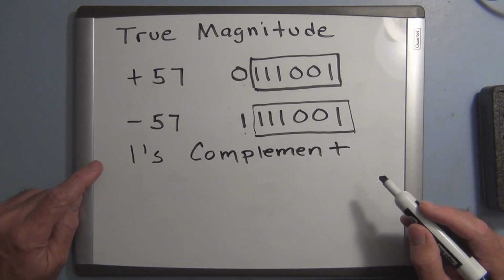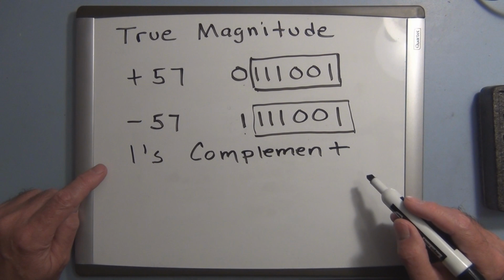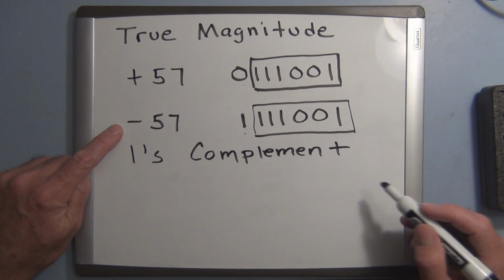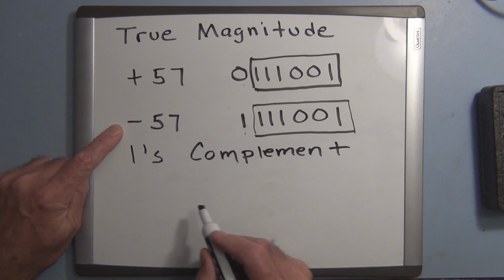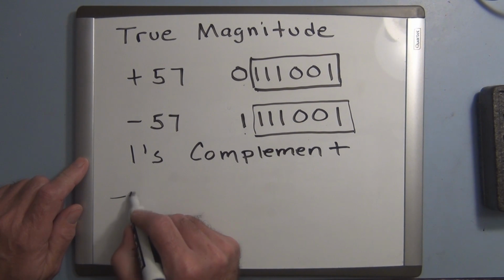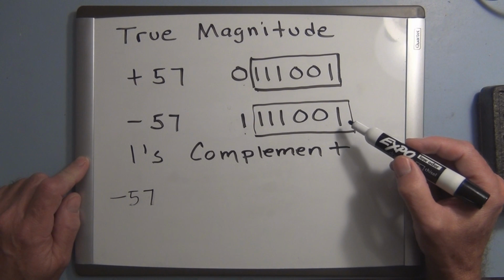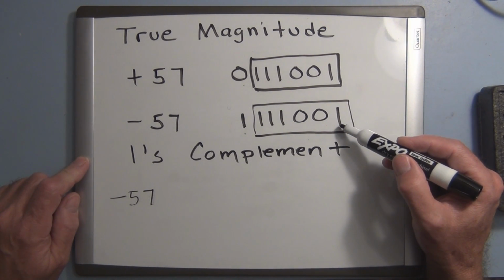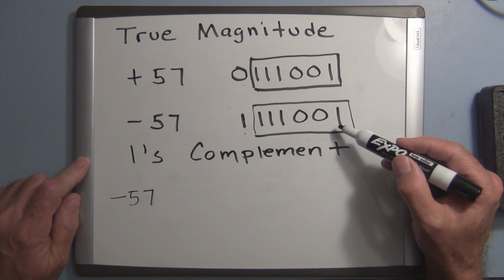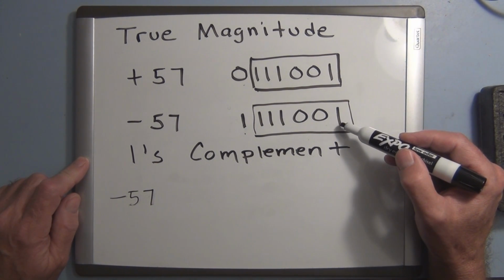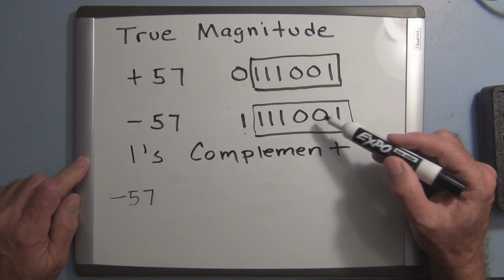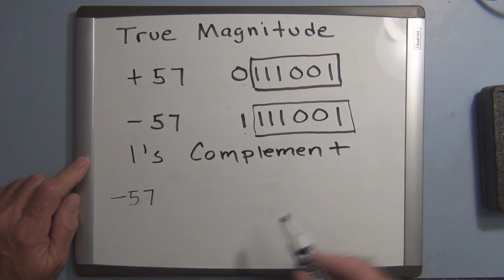Now in the 1's complement form of a negative number, in this case say minus 57, we still have the minus 57 in decimal. What we do is we take the complement of each of the magnitude bits. So if it's a 1, we change it to a 0, and if it's a 0, we change it to a 1.